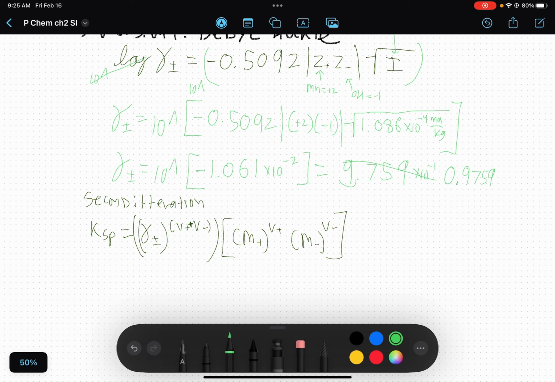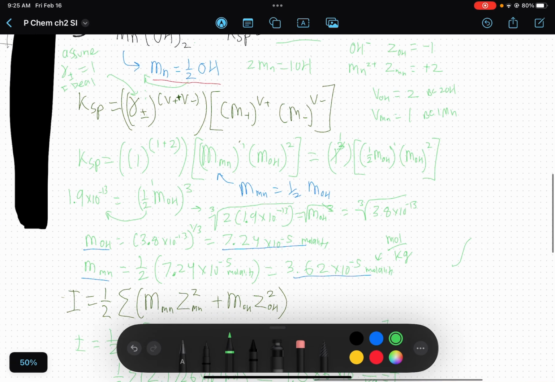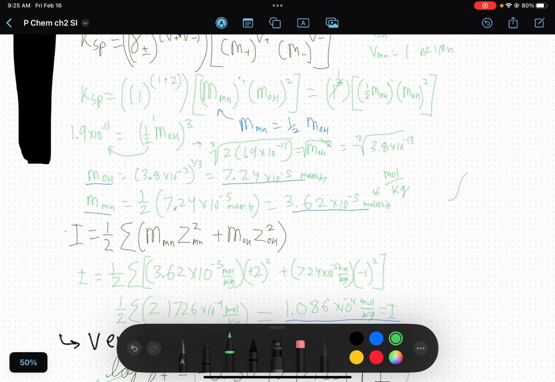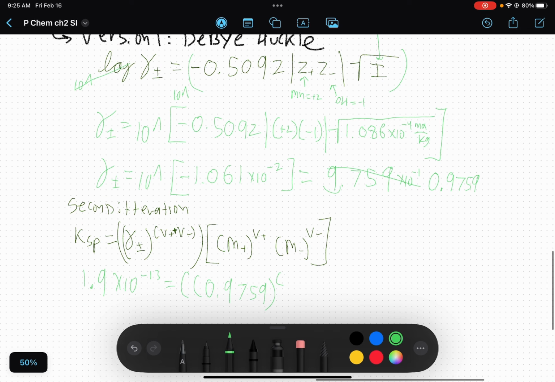So then we would have our KSP being 9 times 10 to the negative 13 is equal to our now new gamma, which is 0.9759 V plus and V minus. It's the exact same thing we did up here with the 1 plus 2. 1 plus 2.